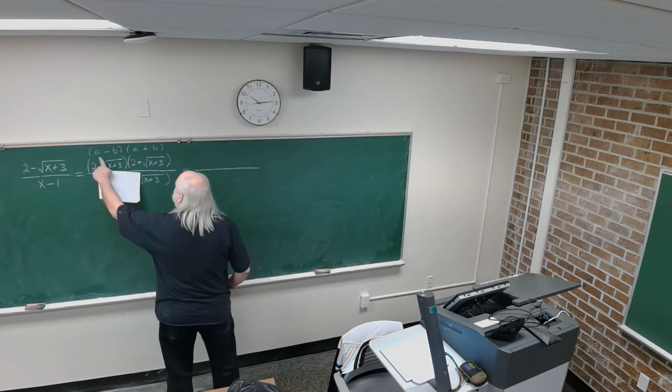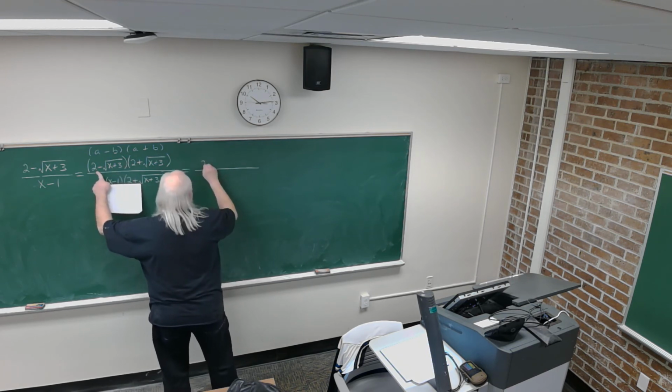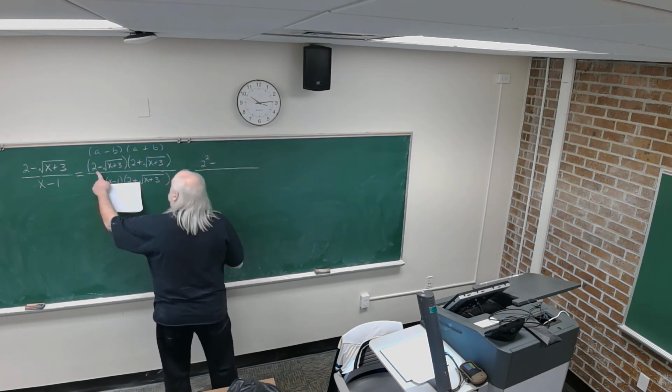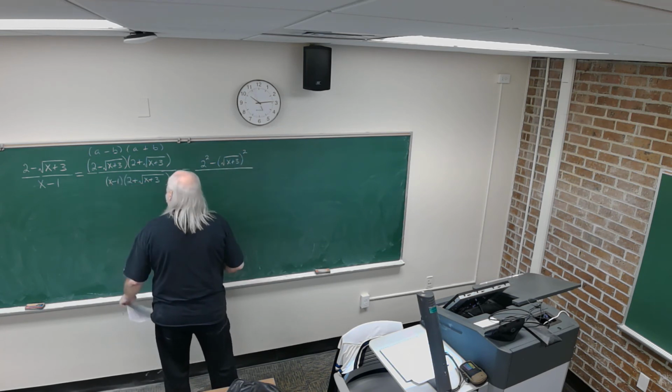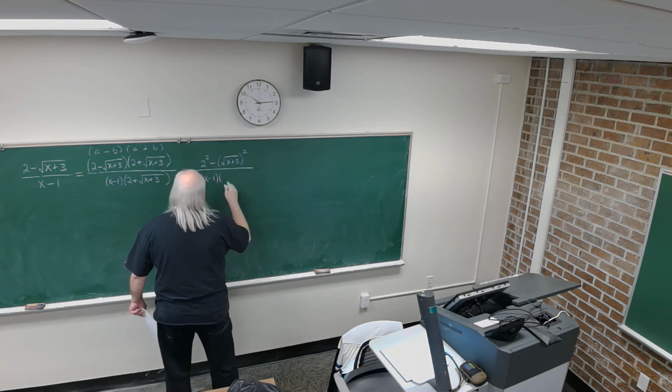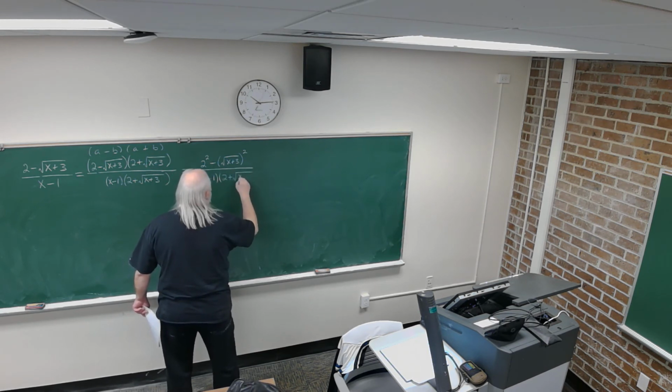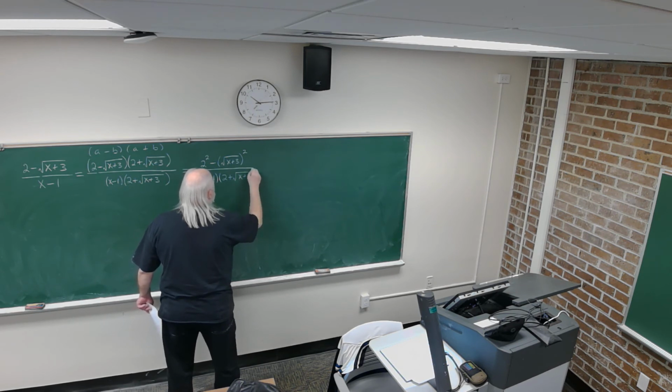So a squared in this case is 2 squared. And b squared in this case is the square root of x plus 3 squared. And that's all over x minus 1 times 2 plus the square root of x plus 3.